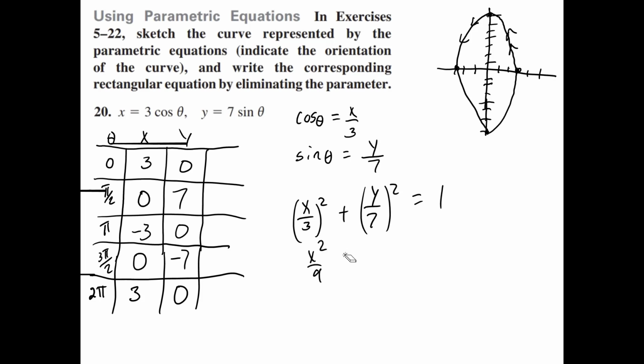So x squared over 9 plus y squared over 49 is equal to 1. And you should recognize that as the equation of an ellipse. Center at the origin, major axes of length 14, minor axes of length 6.